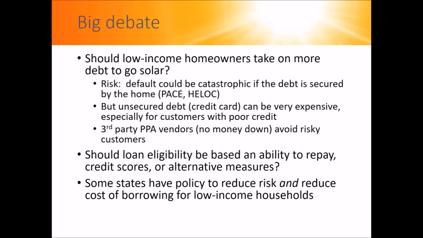However, if you have poor credit, unsecured debt can be very expensive. The interest rate is higher based on your credit score. Another workaround there is to have a third-party vendor like SolarCity or someone. However, as I mentioned, they tend to avoid risky customers altogether because of that perceived risk of non-payment.